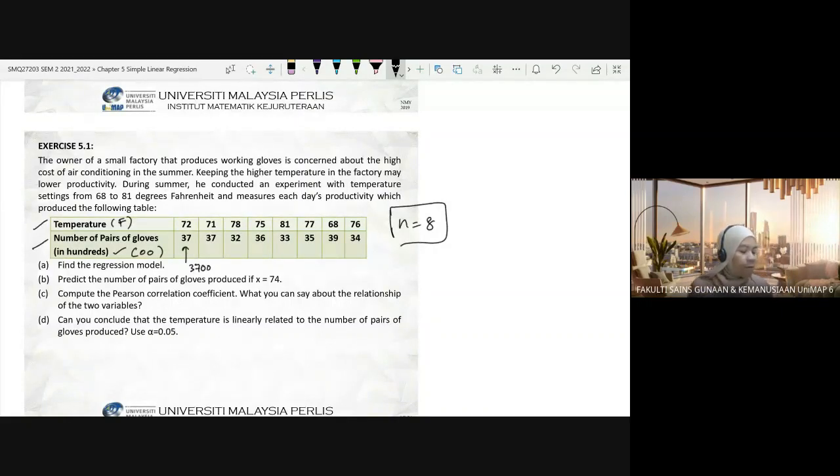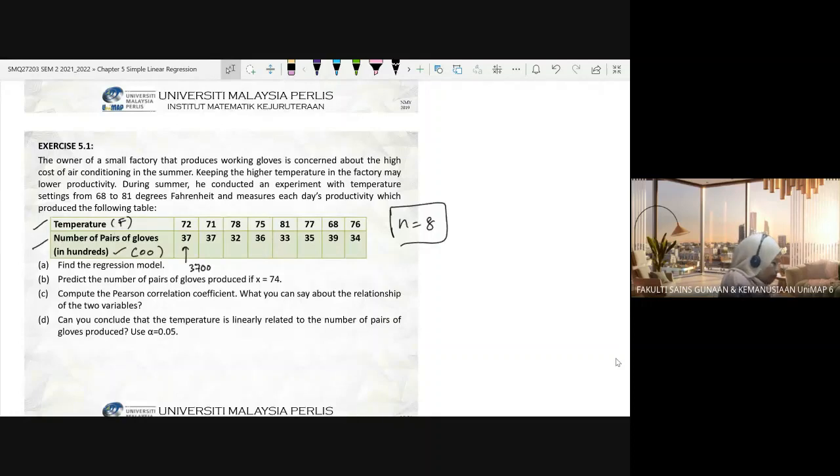So you have the questions: find the regression model, and predict the number of pairs of gloves produced if x is equal to 74, which means you have to use your regression model and find the prediction value of y hat using x equal to 74. Then compute your Pearson correlation coefficient. What can you say about the relationship between the two variables? What is the Pearson correlation coefficient, class? Which value is that?